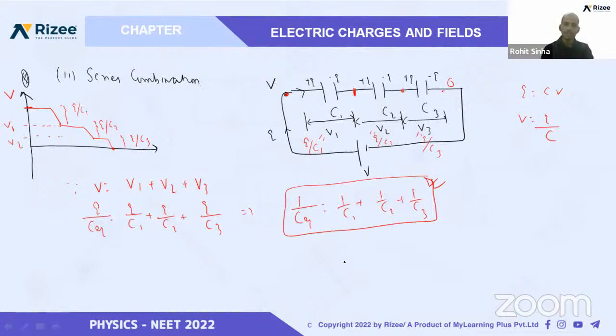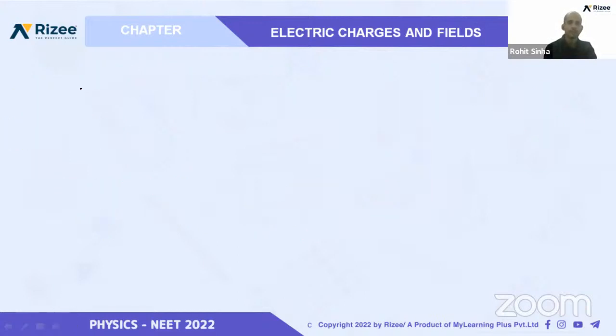Now we see that if we have two capacitors, one having capacitance C1 and another having capacitance C2, then their equivalent capacitance will be the product of both of them divided by the sum of both of them.